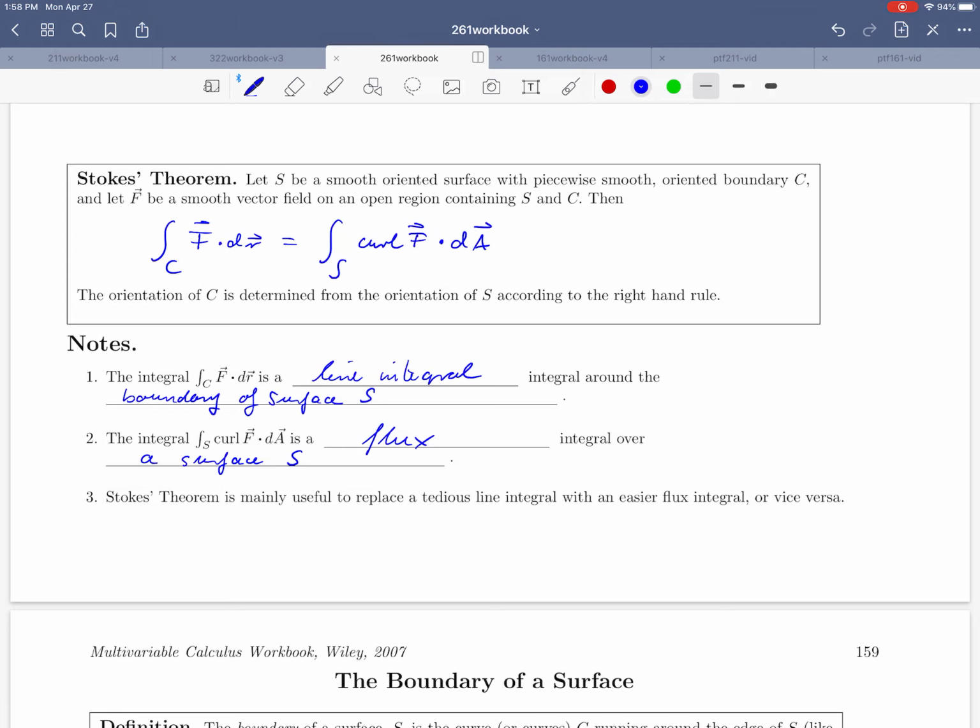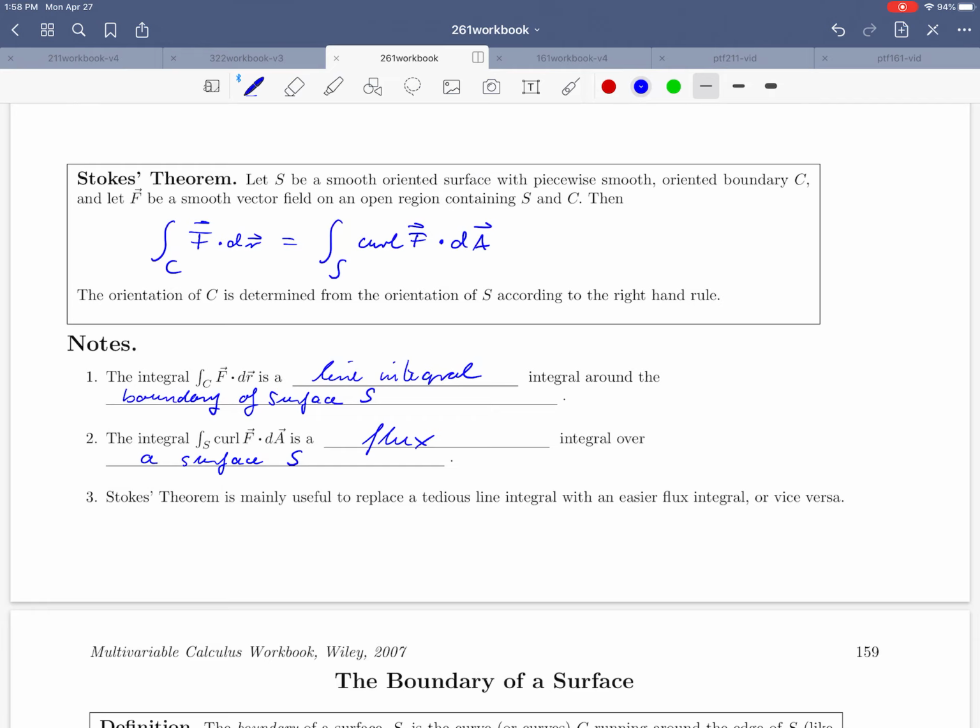And so just like we've seen before that we can replace one type of integral with another type of integral, either in Green's theorem or in the divergence theorem, now we have another theorem that lets us replace a line integral with a flux integral or vice versa. Stokes' theorem is mainly useful to replace a tedious line integral with an easier flux integral or vice versa.